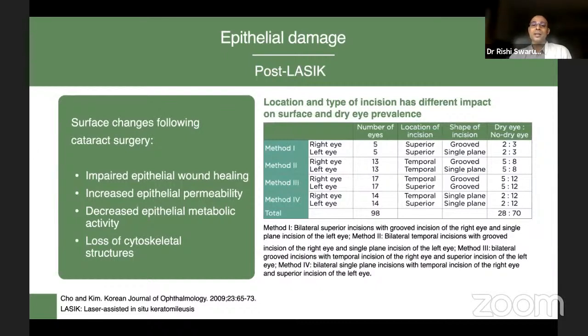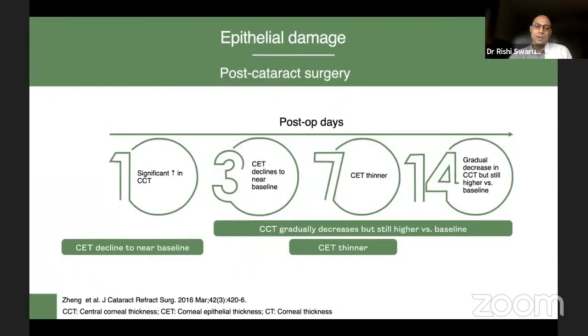Studies have shown that the location of the wound and the size of the wound both can play a role, and this could possibly be related to the points of entry of the corneal nerves at the limbus, and also your depth of the wound, the configuration of the wound, whether it's a single planar or a biplanar, all of these factors could play a role in the postoperative dry eye.